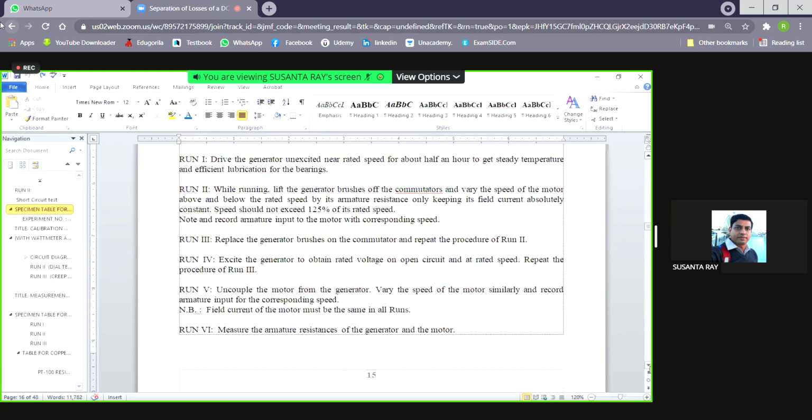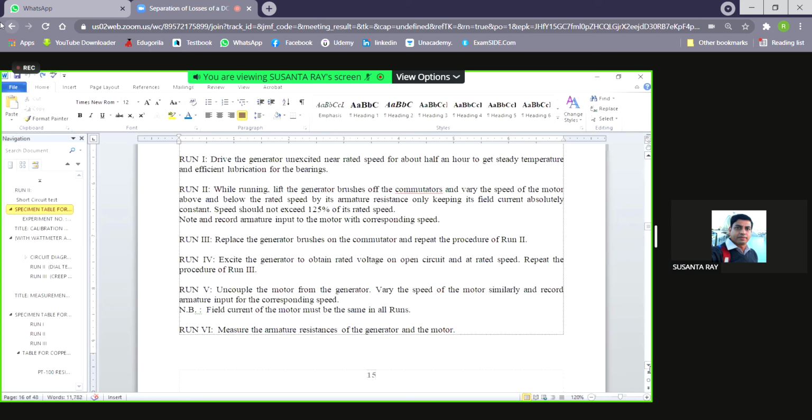So when the generator was running without any field excitation, without any armature current, then what kind of losses are there in the DC machine? There is no field copper loss, no armature copper loss, no brush friction loss, no core losses. Then only the windage and the bearing friction losses were there.